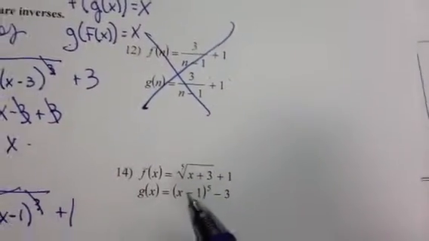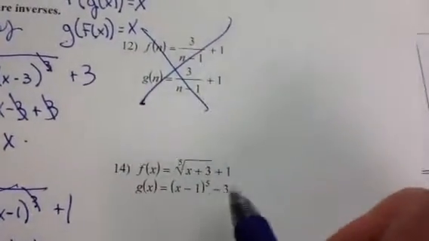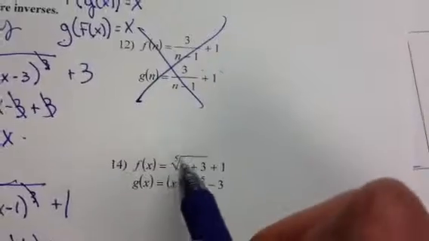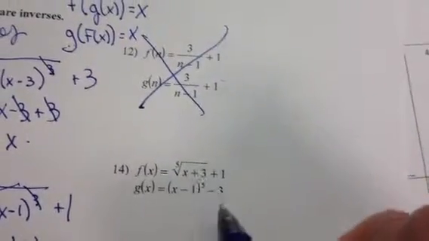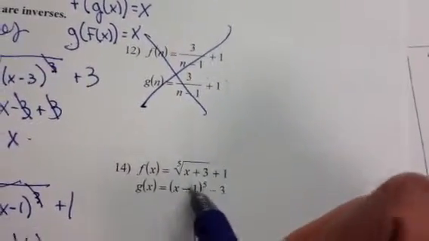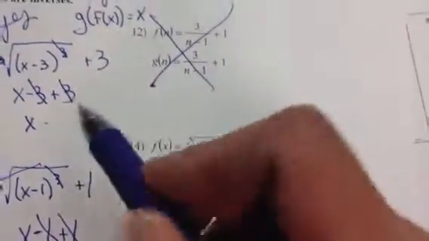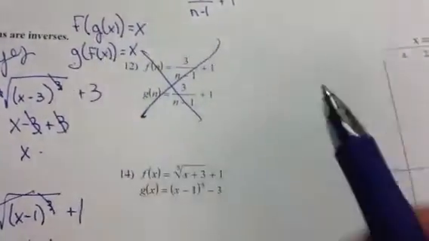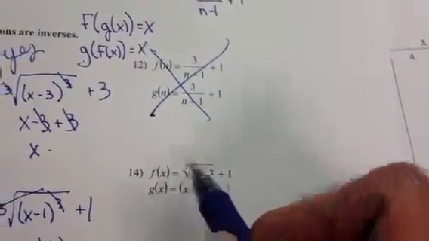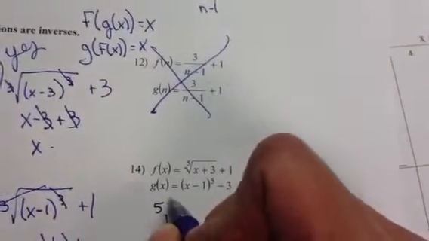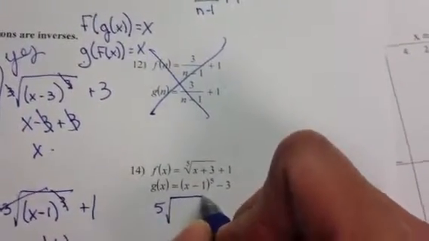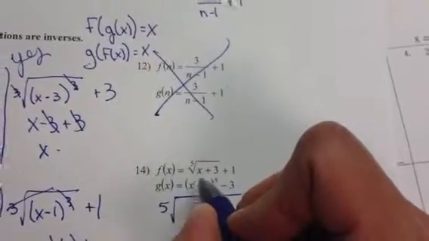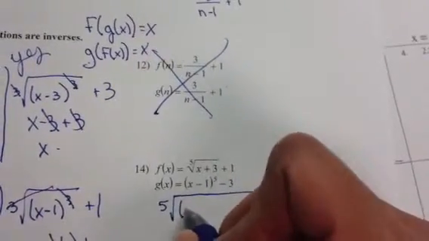So we're now going to go to 14 and take a moment, write it down. Again, fifth root, fifth power, adding 3, subtracting 3, adding 1, subtracting 1. They're probably inverses. So first I'm going to start by taking g and putting it into f. So all of this is going to go right in there. So fifth root, instead of x, goes all of this.